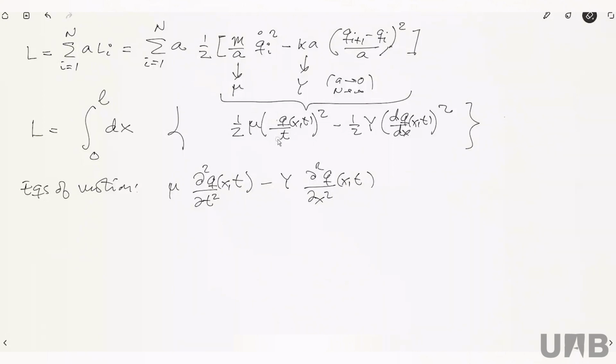Now that I recognize that this is a function of x and t, I just write partial derivatives. So now I have to devise which are the equations that lead from here to here. Euler-Lagrange equations, which are the equations that relate this Lagrangian and these equations of motion.